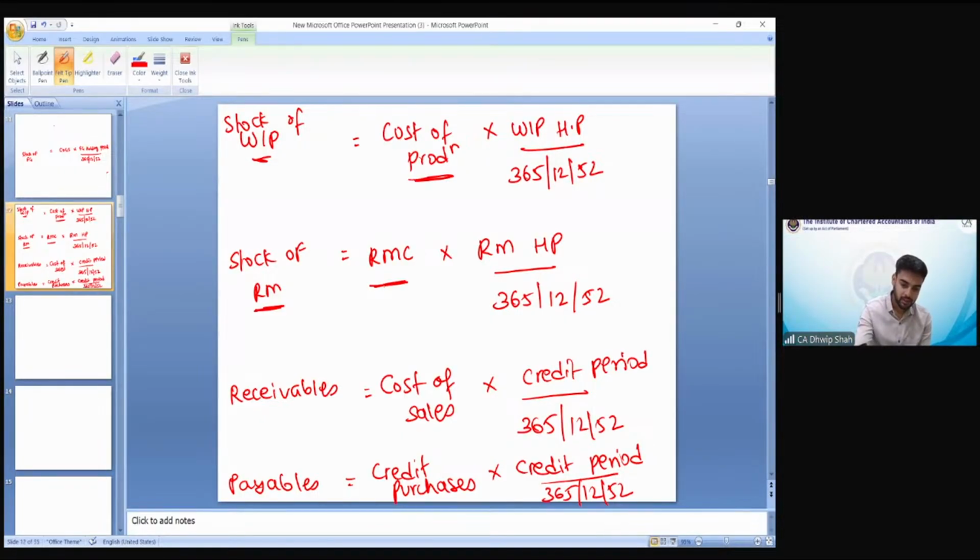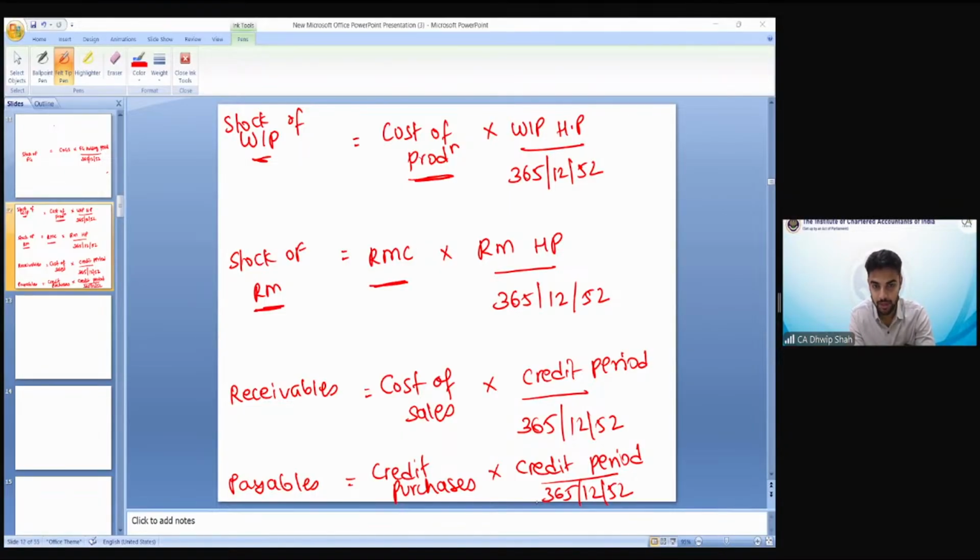Okay. Can we proceed? Can we take an illustration? So let's take one illustration on estimation of working capital so that you get more clarity on how to solve the question of this chapter.